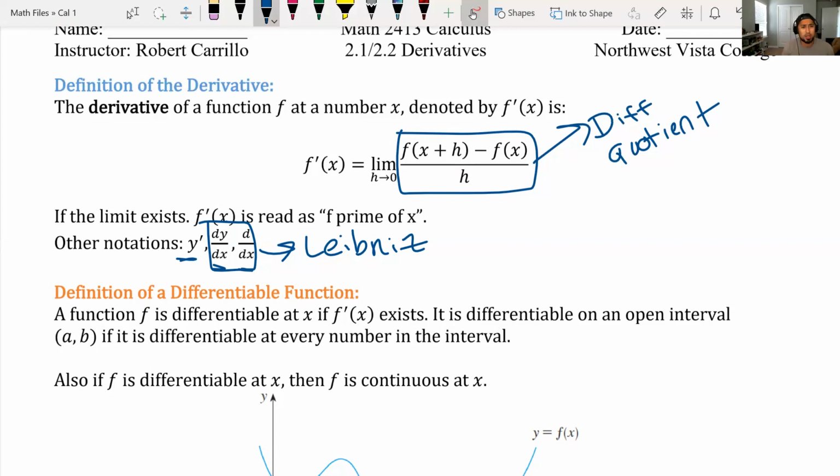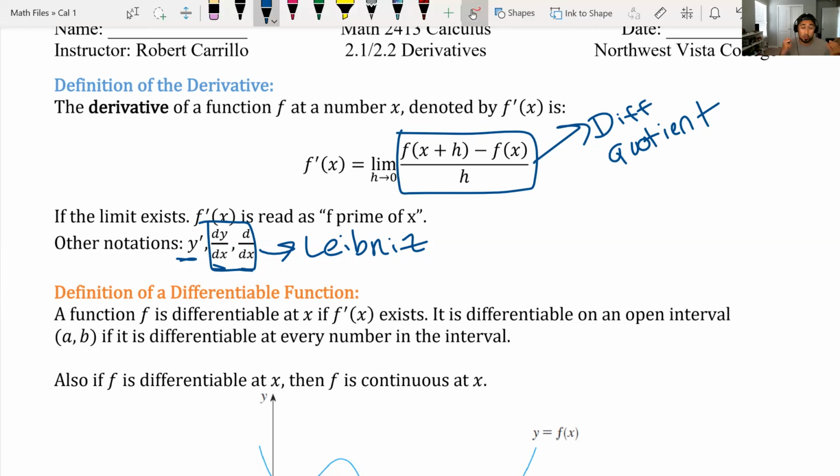And I think we'll get into more of it later on this section, but what the derivative does, derivative is just a fancy word for slope, right? Derivative is just a fancy word for slope. The derivative tells us at what x value the original function is increasing or decreasing.